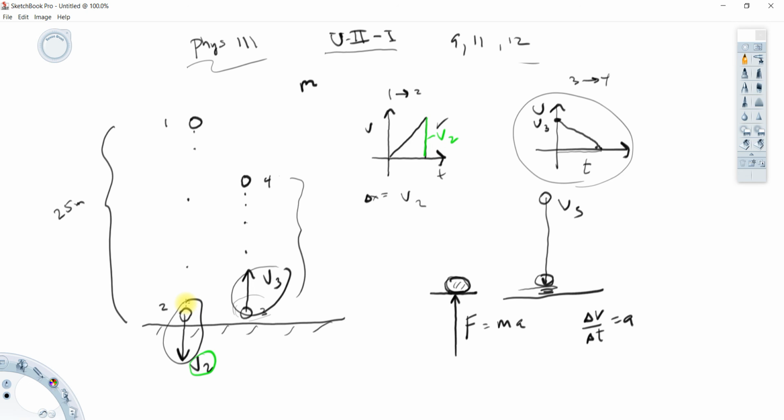Keep in mind when you calculate them, one of them is up and one of them is down. So that's going to make this a fairly large change in velocity. If you have trouble with that, ask, and I'll help you work it out. So that's probably enough on number 11. That's pretty well almost worked out. Let's chat about number 12.